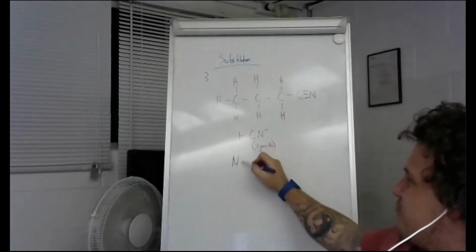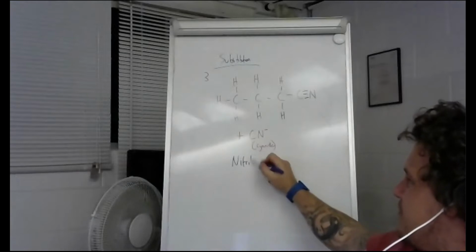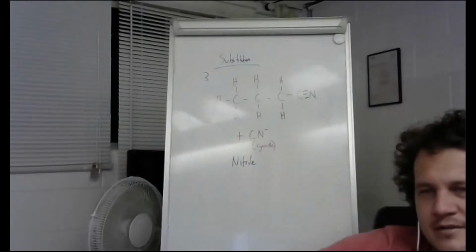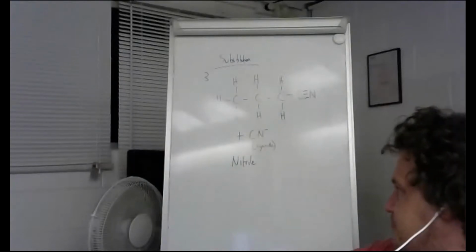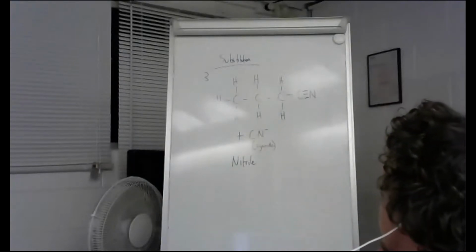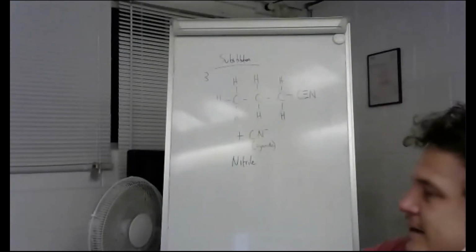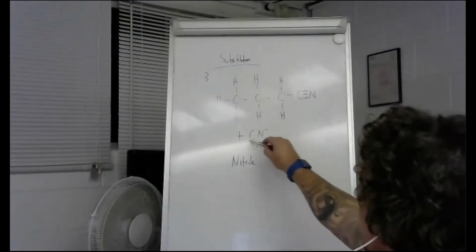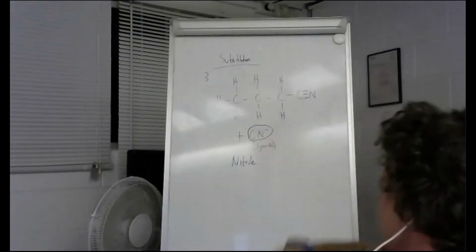You don't really need to know much about nitriles because we make gloves out of them. So again, substitution reaction. We add CN minus. It's going to kick off a hydrogen and go on.